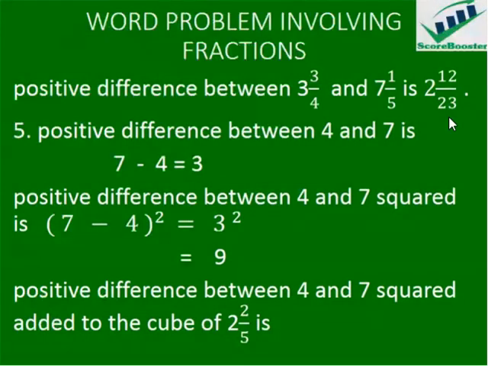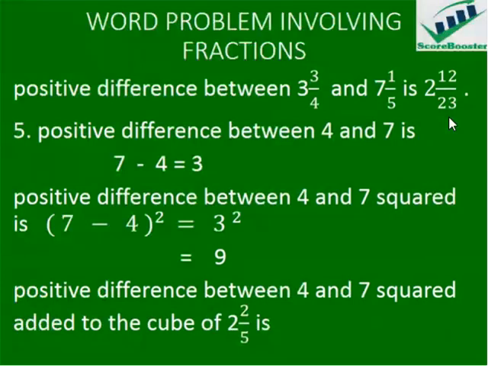So now we move to the fifth question. In the fifth question, we are given instructions to follow. The instruction says we obtain the positive difference of 4 and 7. When the positive difference is obtained, we square the result.